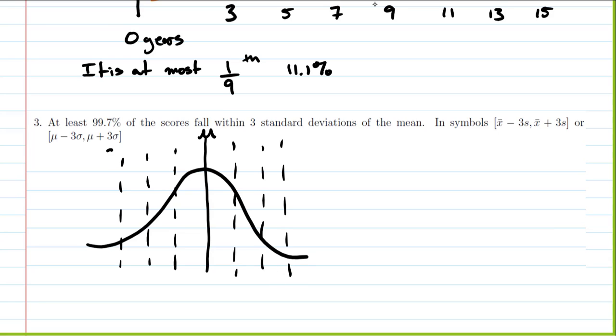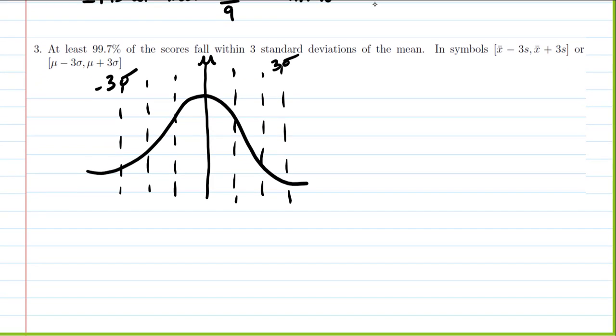So this is our 3 standard deviations, and this is our 3 standard deviations this way. But since our curve is now symmetric, so by symmetry, we know that A1 has to equal A2, as I have them labeled.